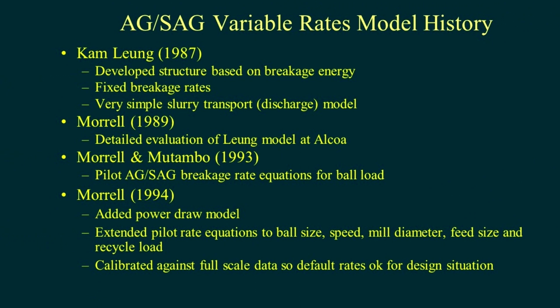My PhD thesis was in power draw modelling, which I got in 1994. So we added the power to the AG and SAG mill model. I then took John's pilot rates and added ball size, mill speed, mill diameter, feed size and recirculating load into those equations. We then calibrated it to full-scale data.